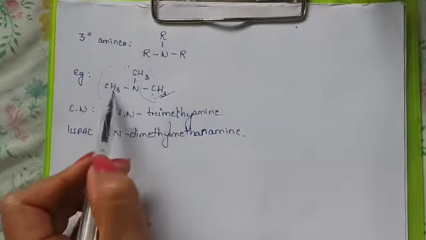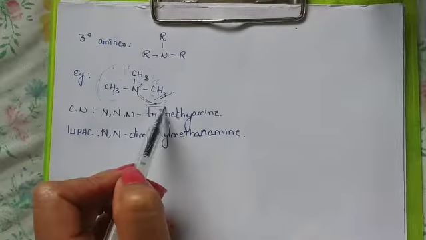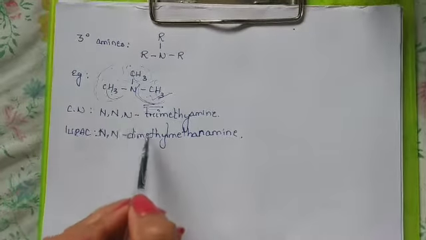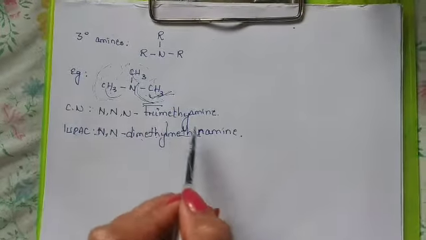Two groups will be taken as substituents, and one group as the main chain. Therefore, the IUPAC name will be N,N-di, two methyl groups, dimethylmethanamine.